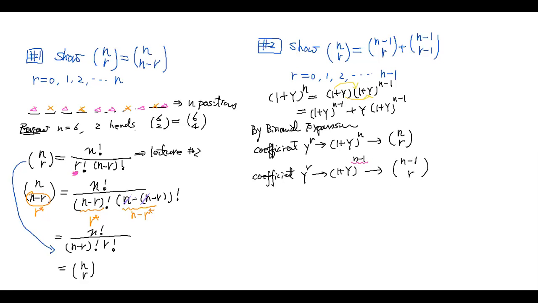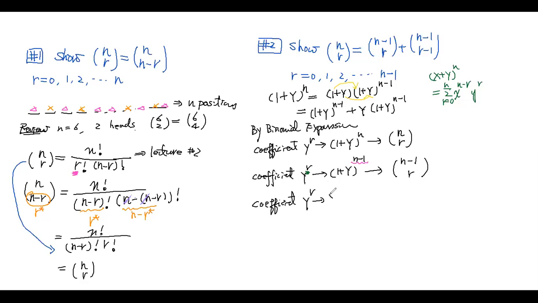Remember the formula we have: x plus y to the nth power is the summation, r from 0 to n, of x to the n minus r times y to the r. Right now I let x equal to 1, so the coefficient of y to the r is n minus 1 choose r.